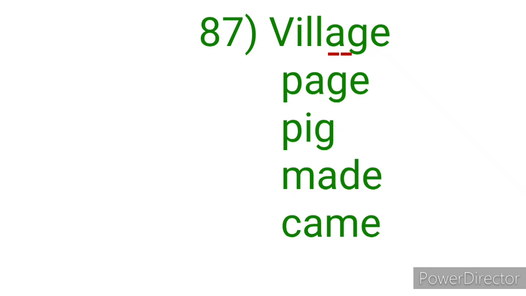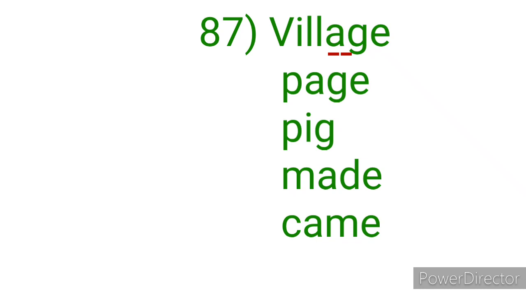Now let's look at the options. We have option A, page, B, pig, C, maid, and D, came. Remember I mentioned to you that you pronounce A as E in words that have two syllables or more, not a monosyllabic word like page. So you do not say it that way.